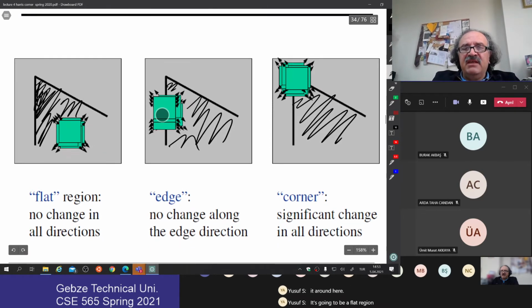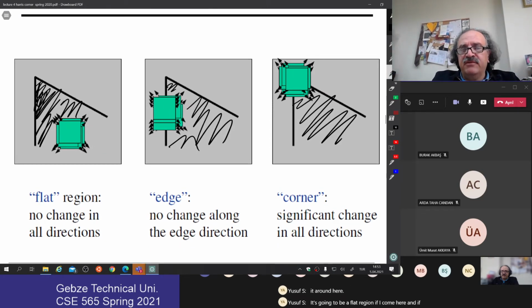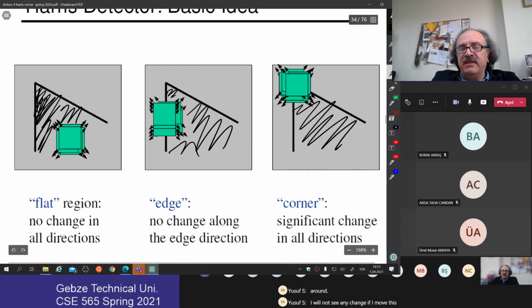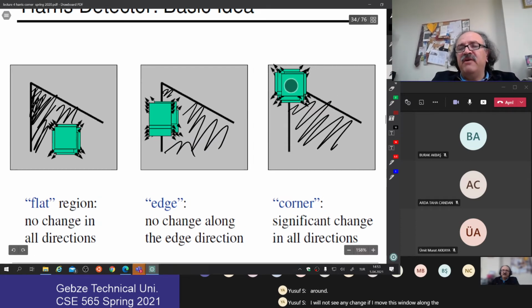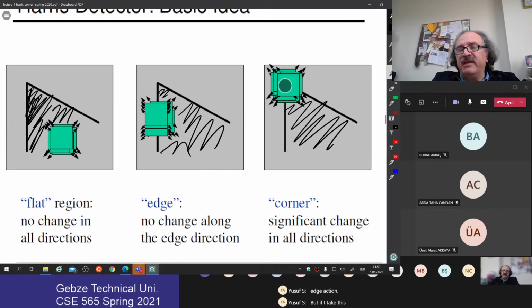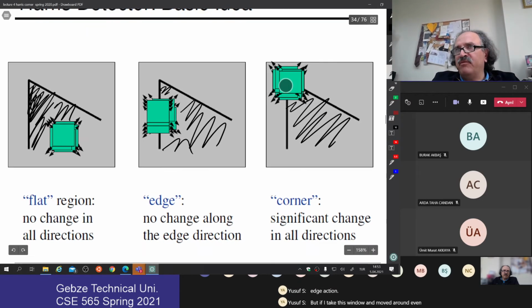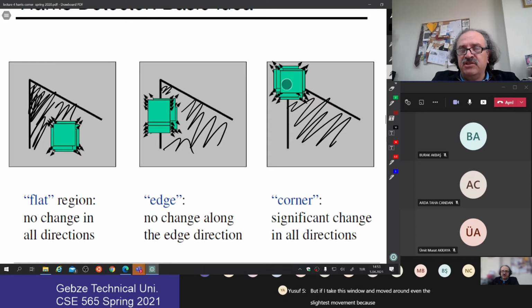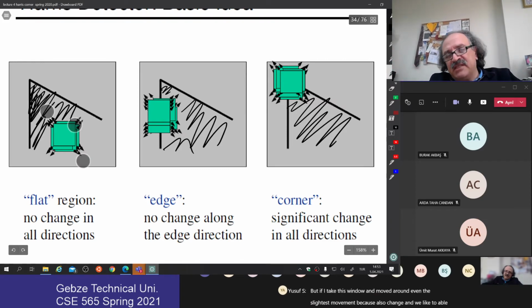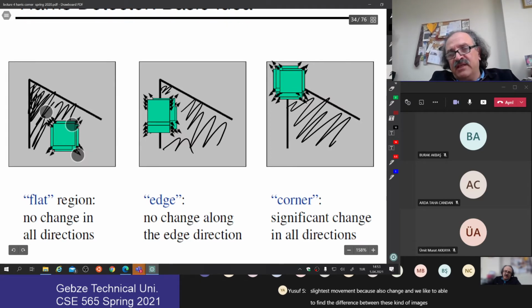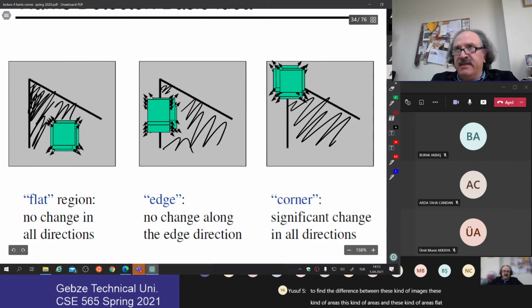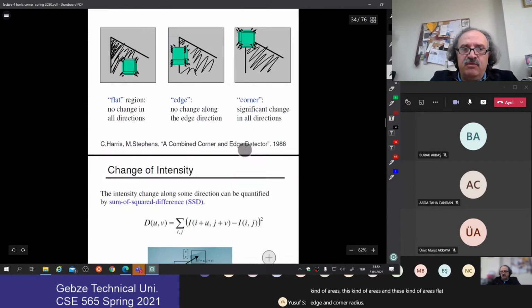If I come here and move it around, I will not see any change if I move the window along the edge direction. But if I take this window and move it around, even the slightest movement will cause lots of change. We would like to be able to tell the difference between these areas: flat, edge, and corner areas. That's what we are going to do.